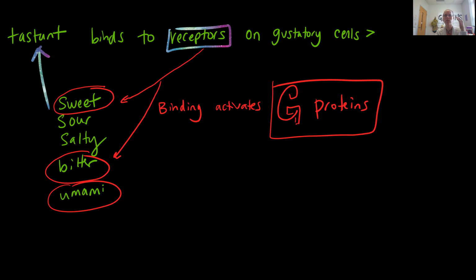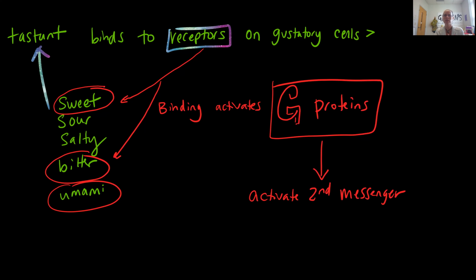So once you have your sugar bind or your bitter molecule bind or the glutamate bind to those receptors, you're going to activate a G protein, and you should already anticipate that if you activate a G protein, you're going to trigger a second messenger. Remember, second messengers can be either cyclic AMP or calcium ions. And so then that's going to depolarize those gustatory cells and send that signal on our pathway.